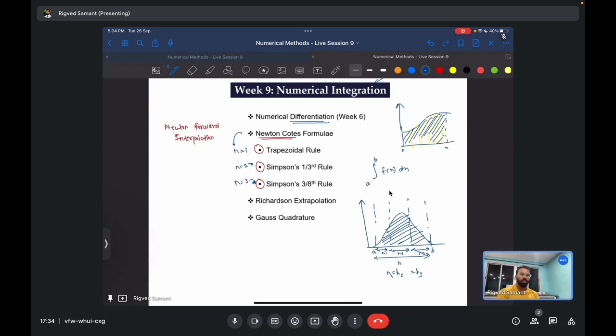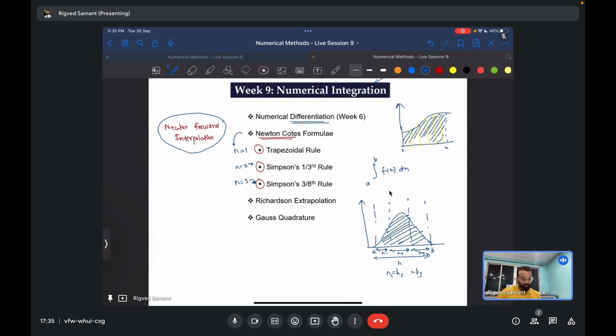All these formulas come from the Newton-Cotes formula, a generalization formula derived from Newton's interpolation polynomials. The derivation part is already discussed in the theory lectures. So we will go through the numericals and the formulas and then see how to solve them.